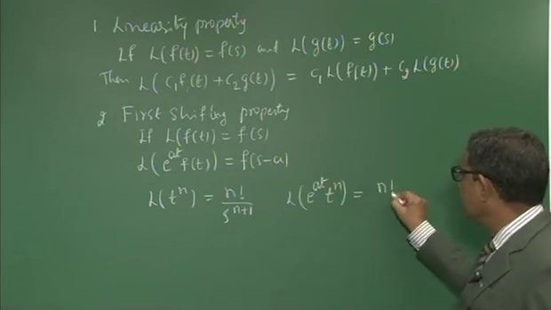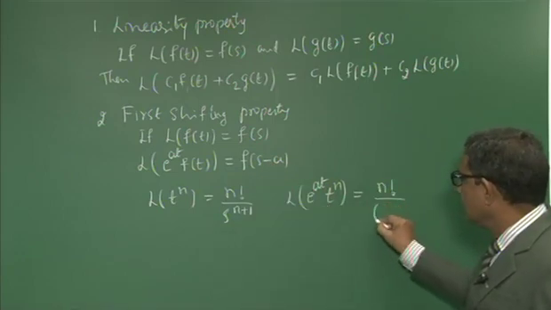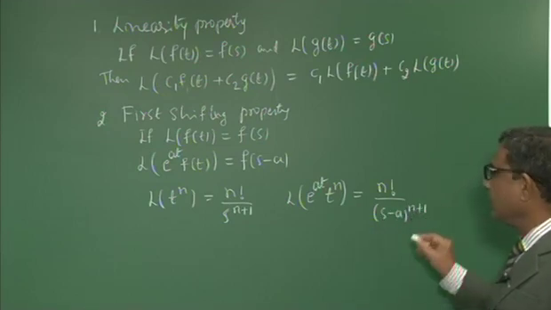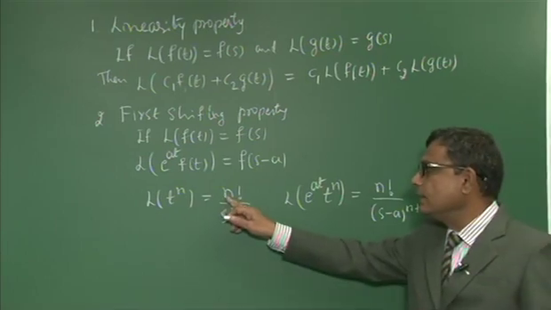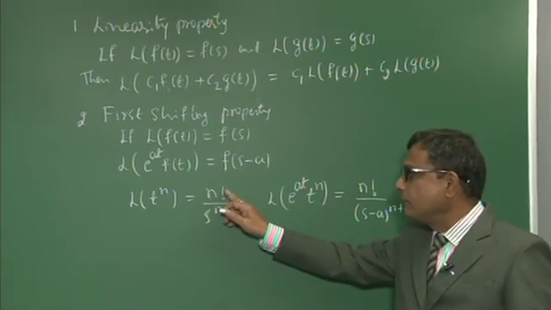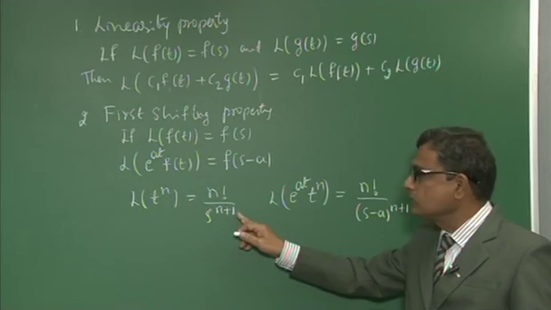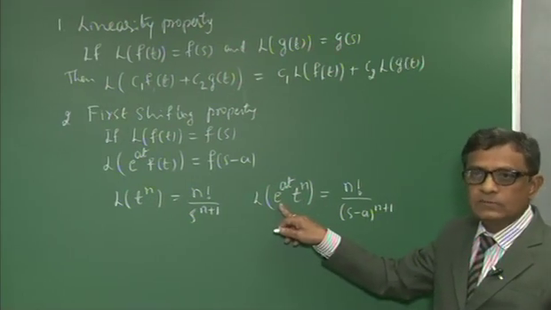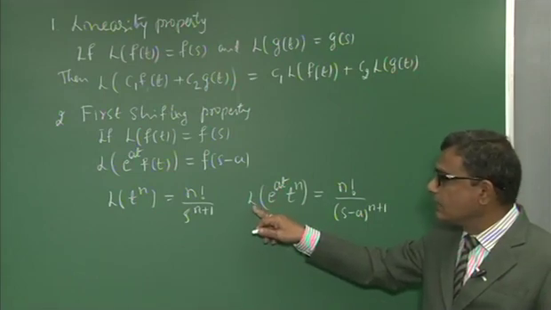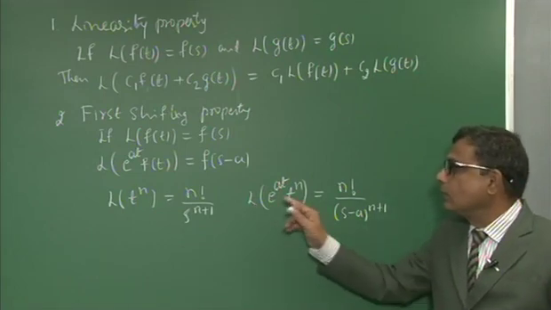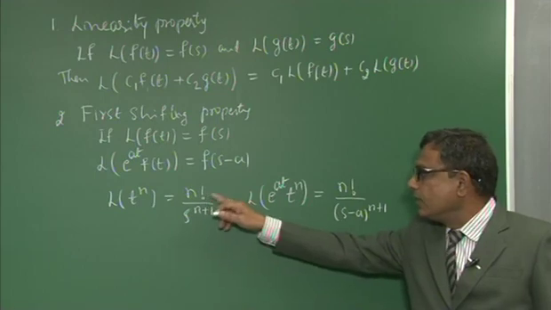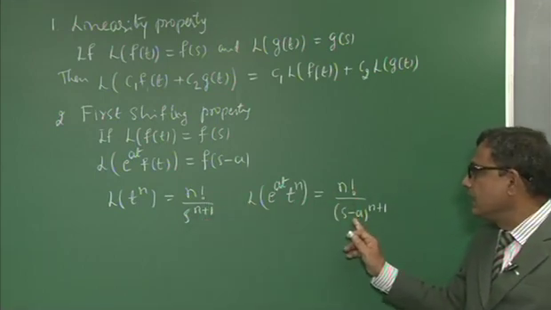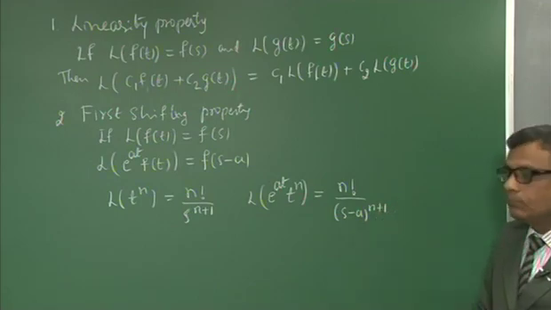Here F of s is n factorial by s raised to n plus 1; n factorial stays as it is, and s changes to s minus a whole to the power of n plus 1.